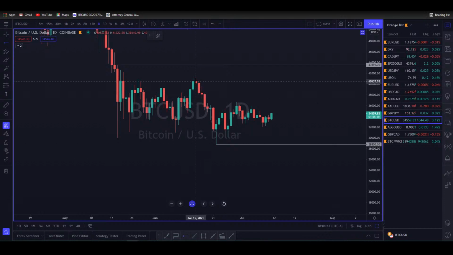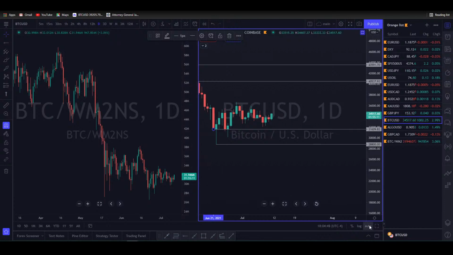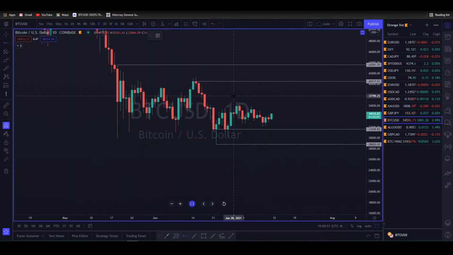Watch how these ranges get smaller and smaller. There is your resistance. Here is your support. And then, you can even go smaller. Resistance, support. See, you're in a range, in a range, in a range. So we shall see. It is lower highs.